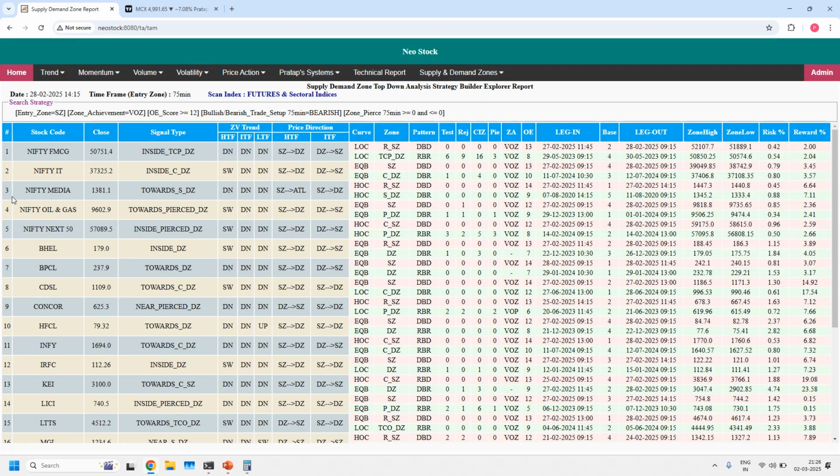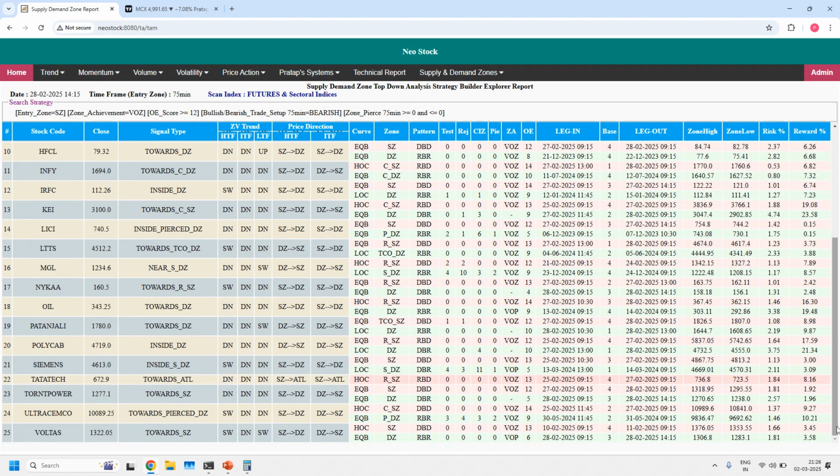So these are the first 15 stocks generated by our software which are supporting bearish trade setup. Let me scroll the list down. We got 25 stocks total.